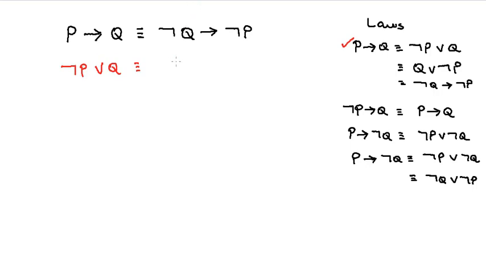And here we can also rewrite the left hand side if you want. So this one, not P implies not Q, if you use the same formula here, this is basically Q or not P, right?